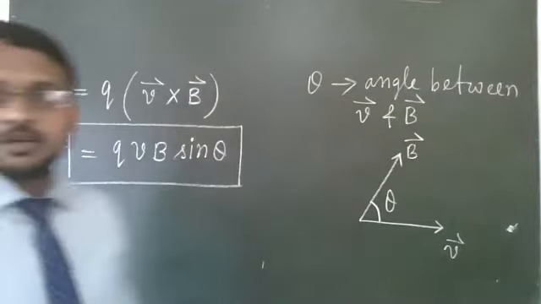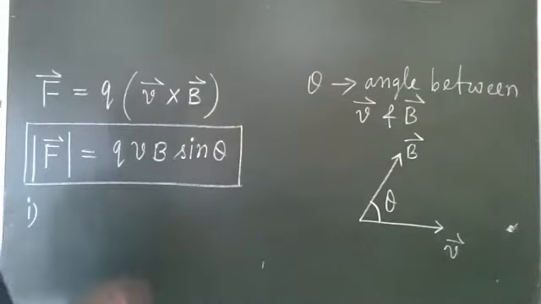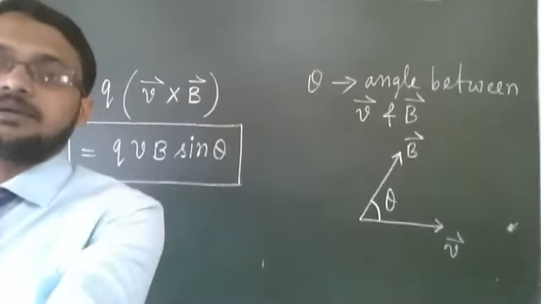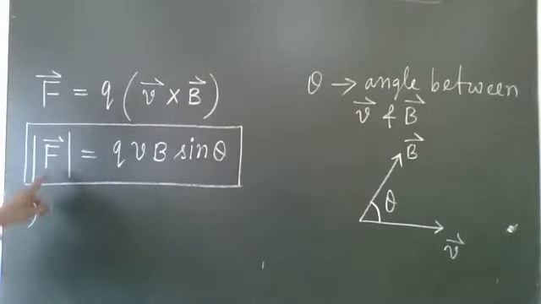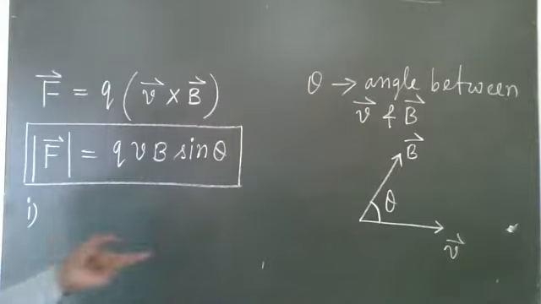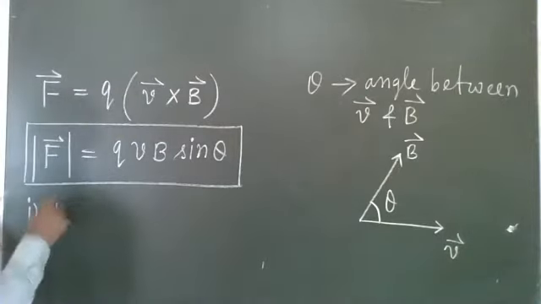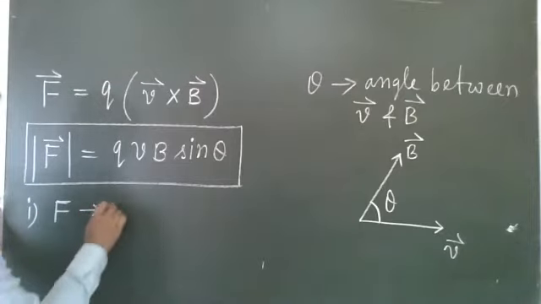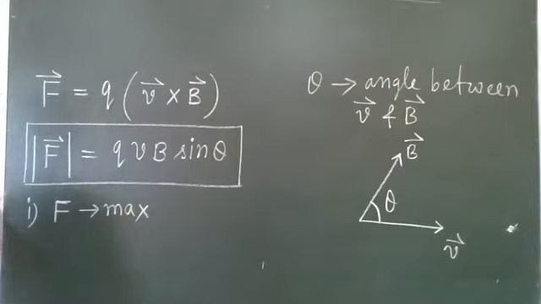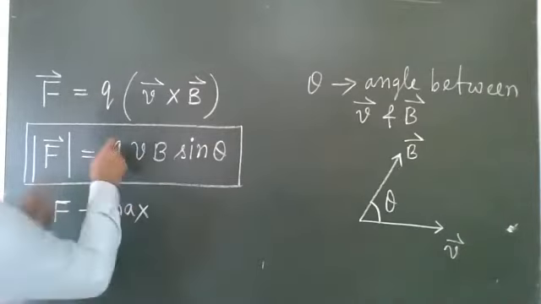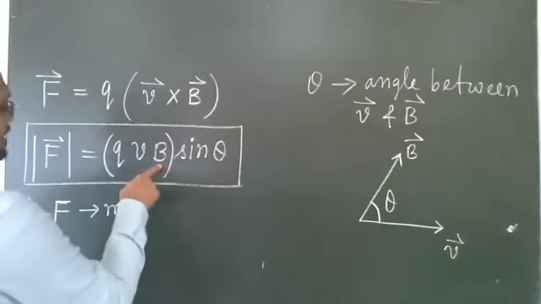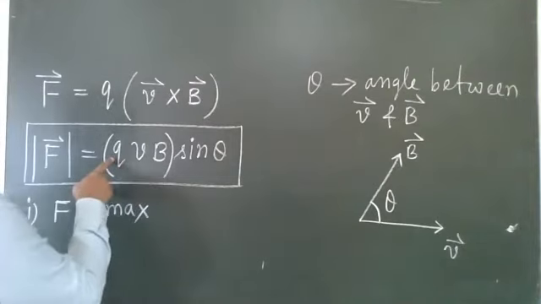First point: when will the magnetic force be maximum, and when will it be zero? Let's see this condition. F will be maximum. This part, qvB, is constant for a particular magnetic field, particular velocity, and particular charged particle.